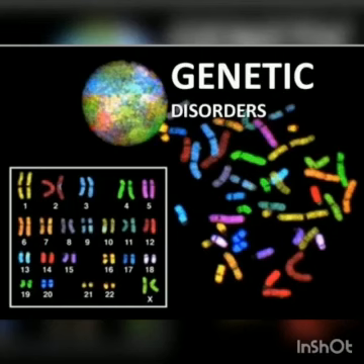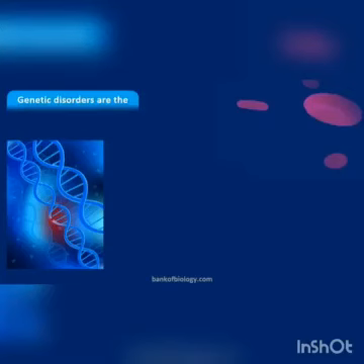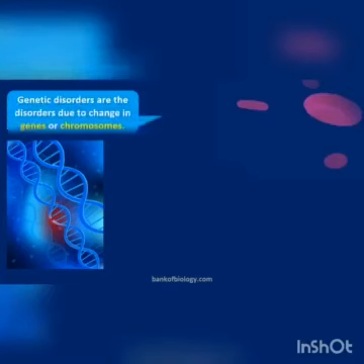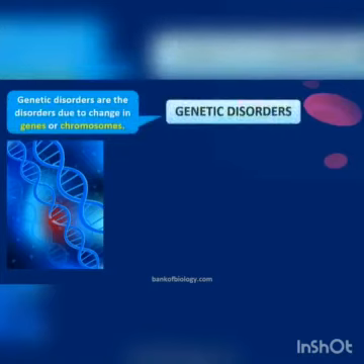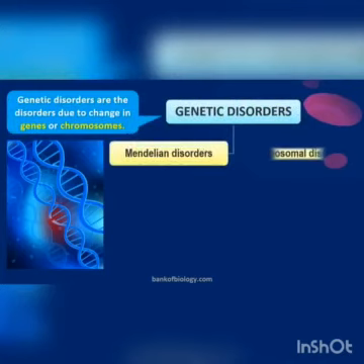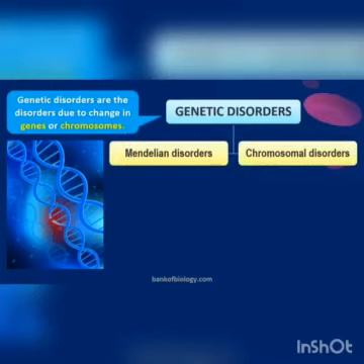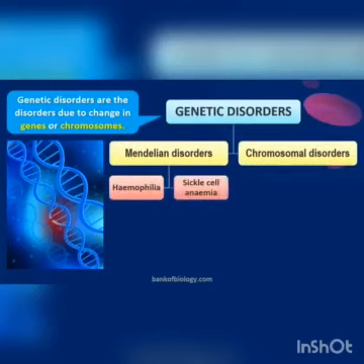Okay, next we move on to genetic disorders. A genetic disorder is a disease or syndrome that is caused by the abnormality of an individual's DNA. Genetic disorders are of two types, namely Mendelian disorders and chromosomal disorders.